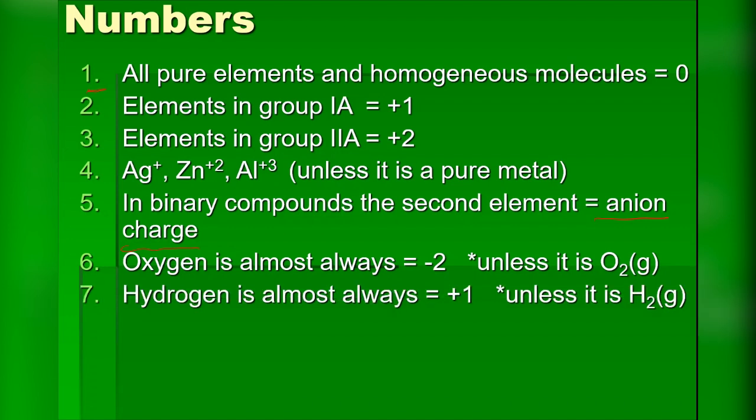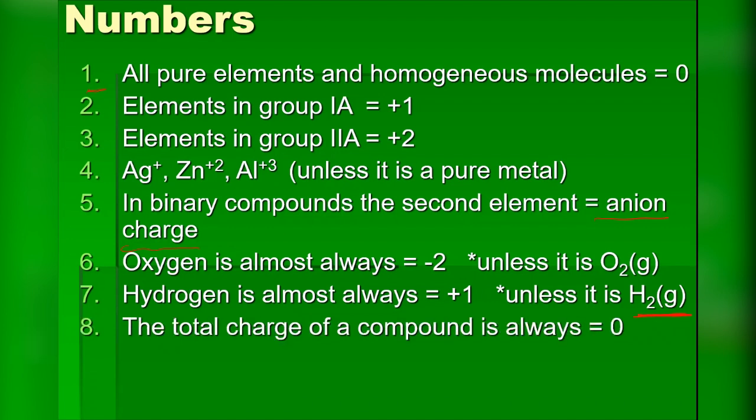Now, hydrogen is almost always +1, but if it is hydrogen gas, its oxidation number is 0. The total charge of a compound is always 0. Remember this, memorize this, internalize this. The total charge of a compound is always 0.